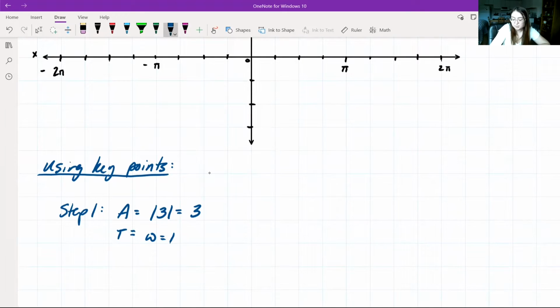So we get that omega is equal to 1. So when we find the period, we know it's 2 pi divided by omega, which is just 1. So our period is still 2 pi. Just like cosine normally has a period of 2 pi, this function also has a period of 2 pi. So we need to show 2 cycles now.